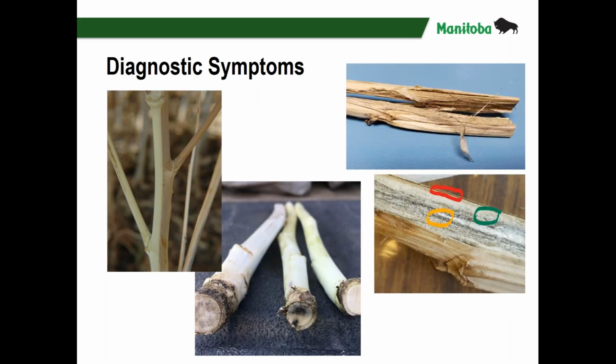Now, what should you see in fields if you're finding Verticillium stripe? Well, the reason we call it stripe and not wilt is that in Canada, or the prairie region, so far we have only seen stripe symptoms. We have not seen generally wilting of plants.